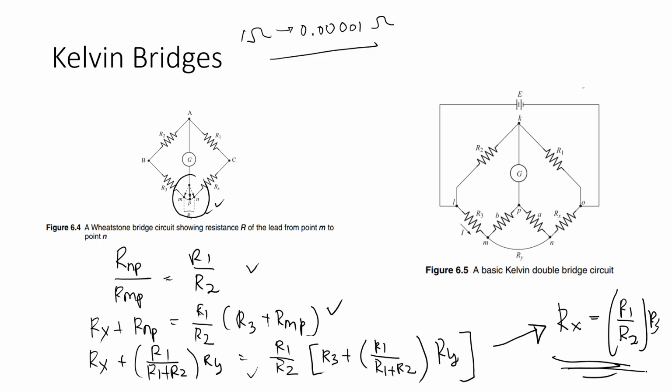To overcome this, we use the basic Kelvin double bridge circuit, as you can see in figure 6.5. In figure 6.5, we add more resistors, Ra and Rb, between P to M and P to N, and we also connect M and N using Ry, like the Wheatstone bridge before.